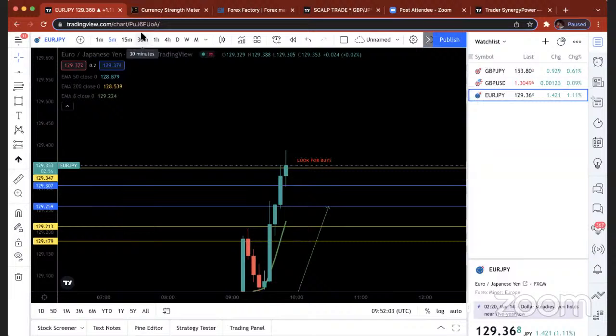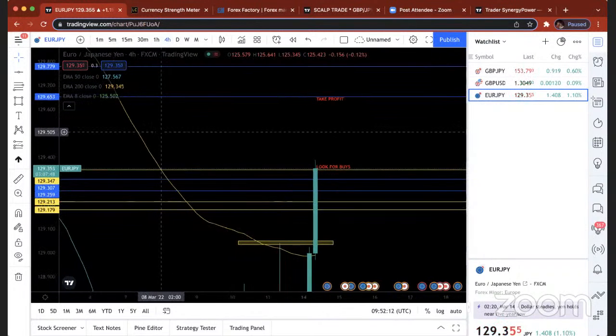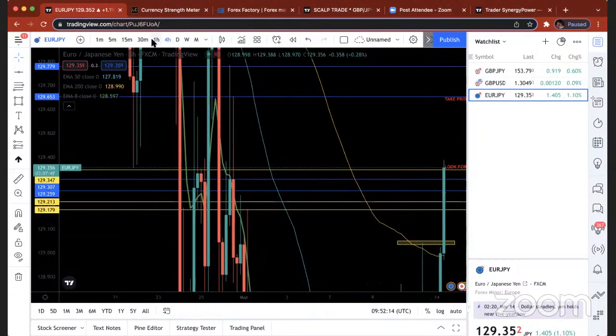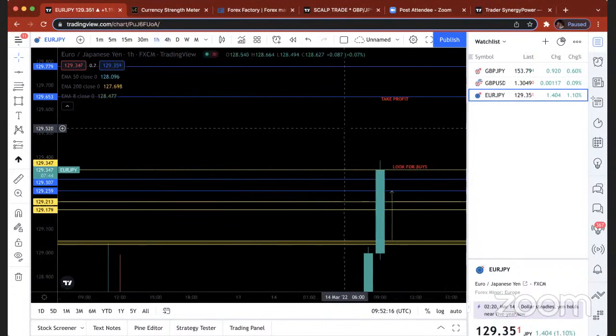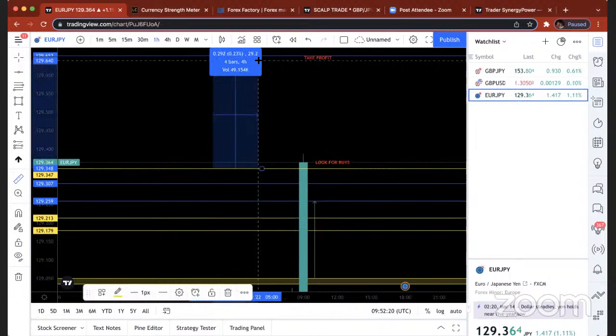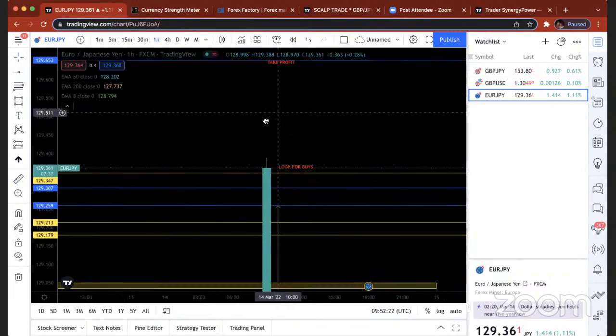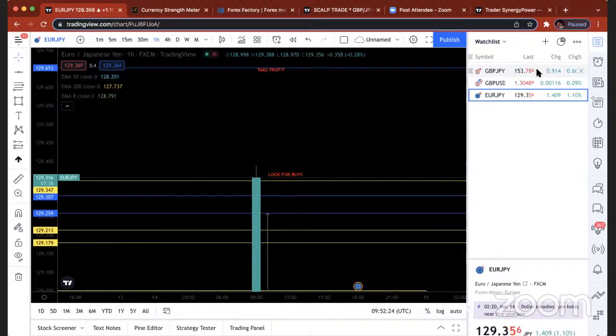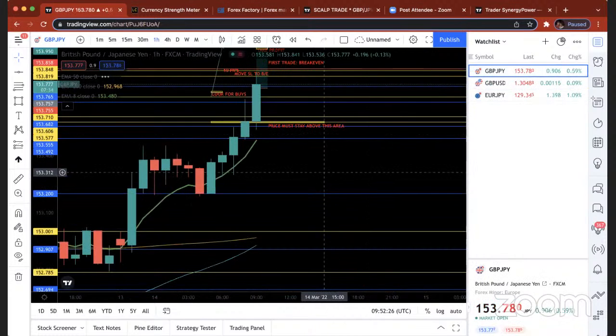I just don't know if I want to take the risk because I don't trade this pair. I'm not feeling risky right now, guys, but it's finally in my buy zone. We'll see. How many pips is this? 3 pips. We'll see. I might take it. I don't know.